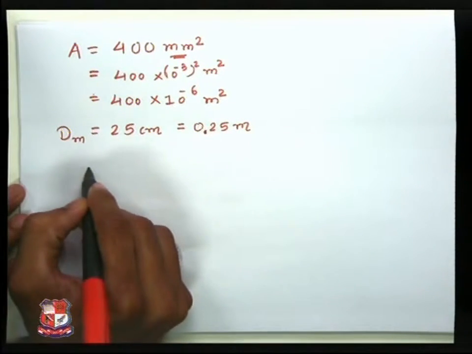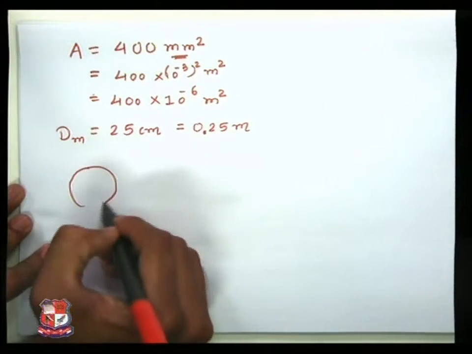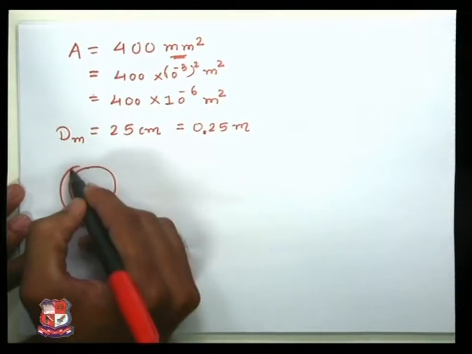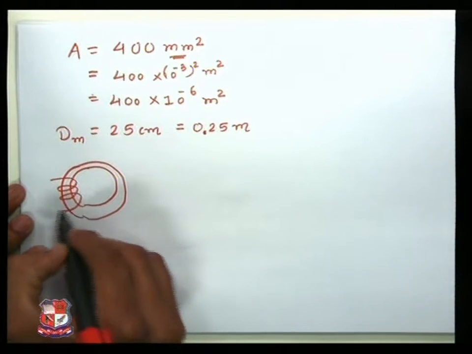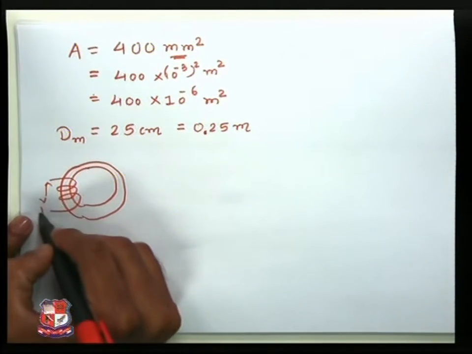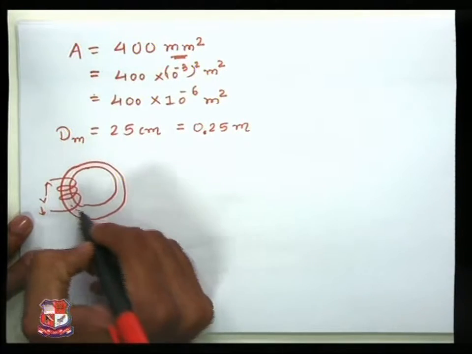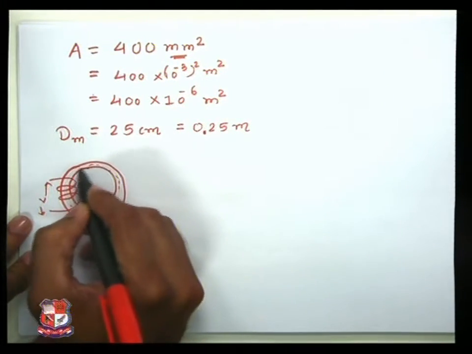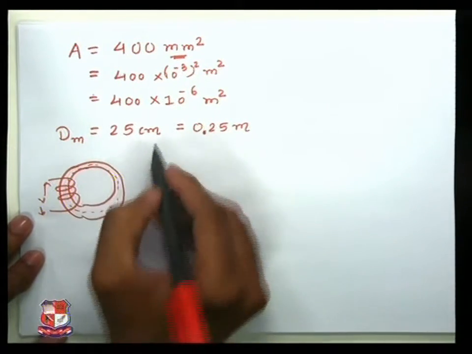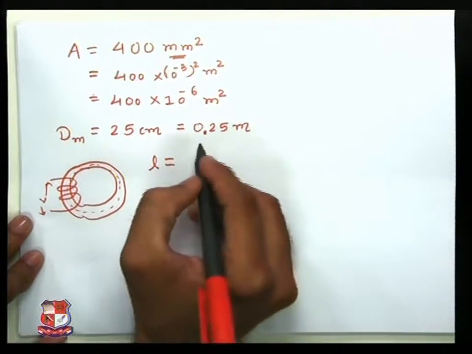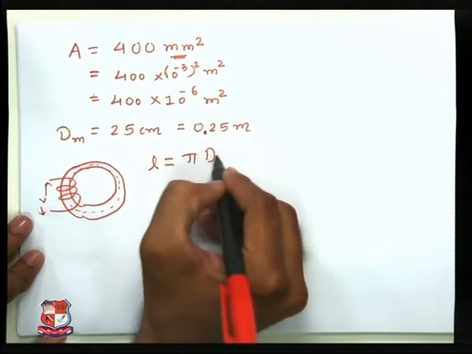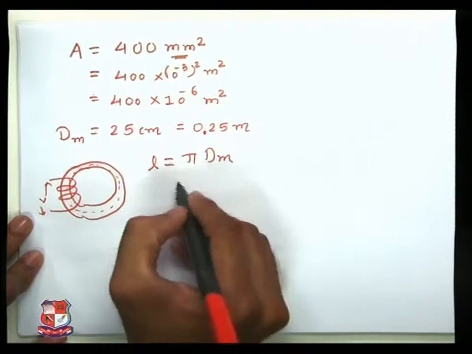See, understand the question: it is one iron ring. Here the number of turns is wound, here voltage is applied, here mean length is given. So the total length of the ring is given by pi into dm.